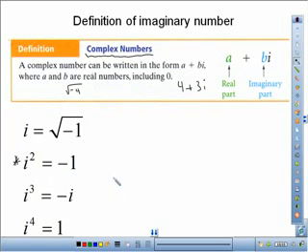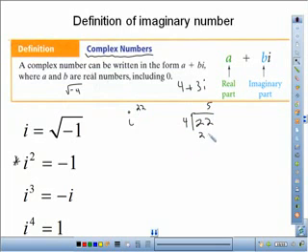So let's say I ask you, what's i to the 22nd? Now since this cycle repeats itself every 4 times, all we're going to do is take whatever this exponent is, divide it by 4 to find out what your remainder is. What we care about is the remainder. So 4 goes into 22 5 times.